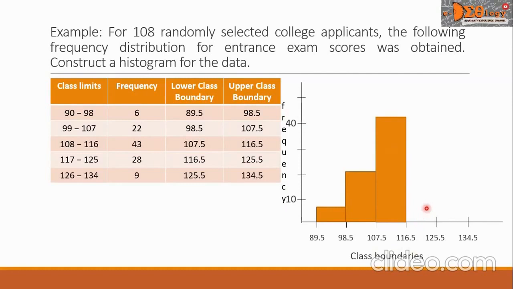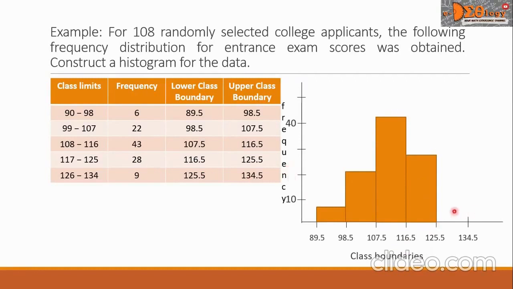For the fourth class interval, we have class boundaries from 116.5 to 125.5. And the rectangle corresponding to this is given with a height that is equal to 28 in the frequency.